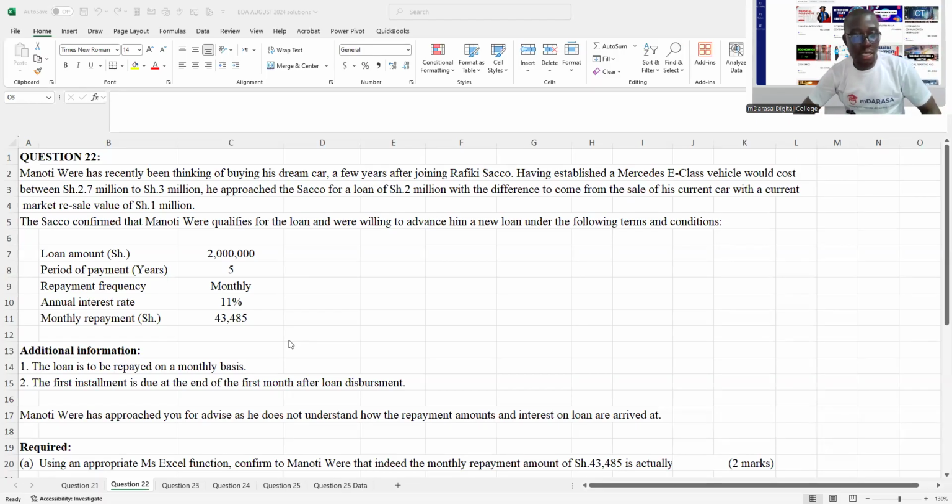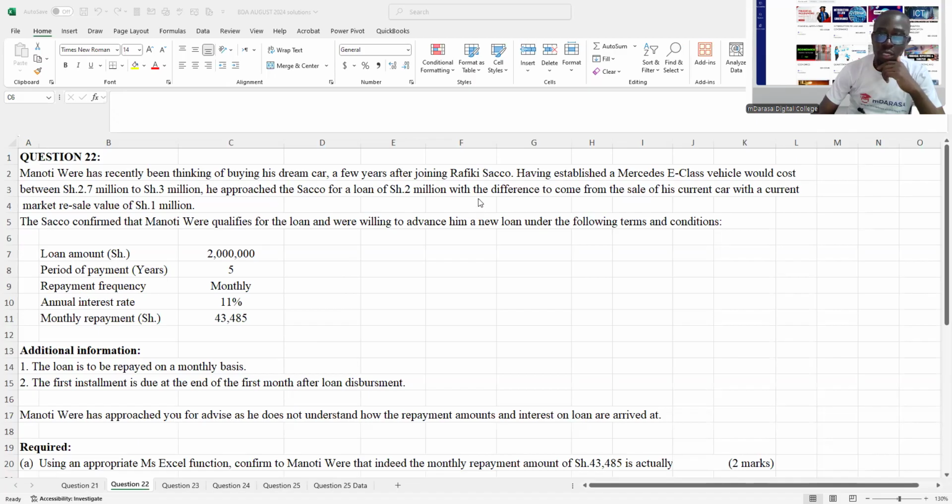So these are what you're told. Question number 22 is in regard to Manoti Were. You're told that Manoti Were has recently been thinking of buying his dream car.